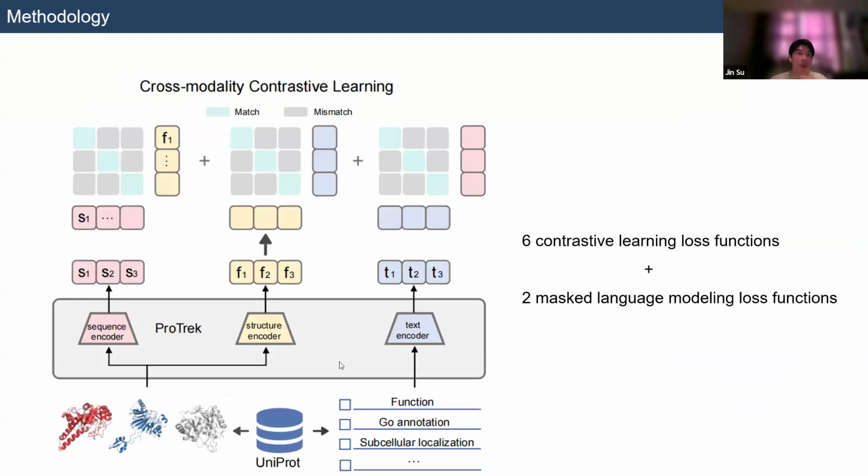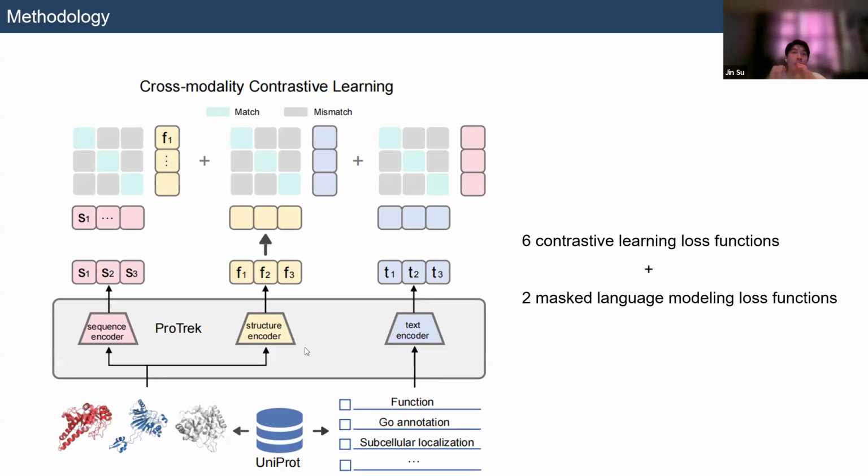The structure encoder is also an ESM-2 backbone, but it only contains 150 million parameters. Also, we encode the protein structure using Foldseek, which may sometimes not be accurate. So the inaccuracy of AlphaFold structures and Foldseek may limit accuracy during retrieval.